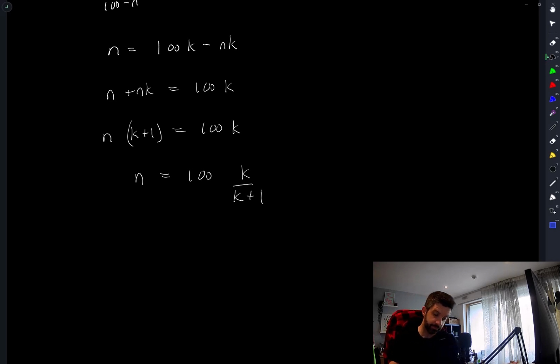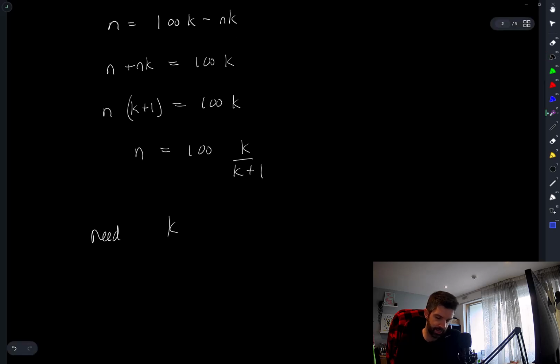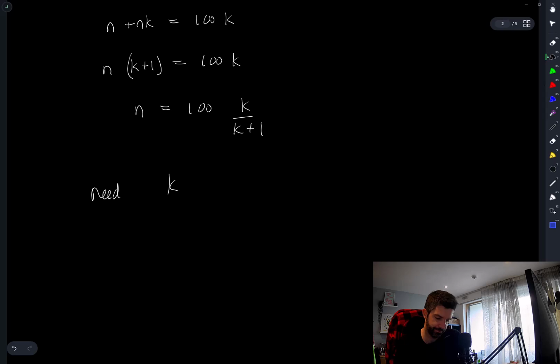Okay. So I need k plus 1 to be a factor of 100k. k plus 1 is never a factor of k, unless k is, what, negative 2? And for factors, we can allow these to be negative numbers, right?